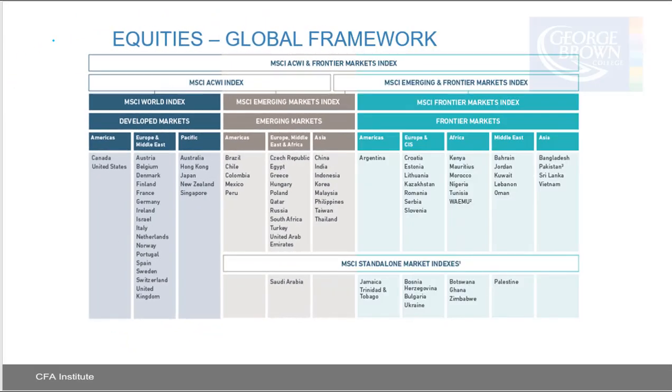So finally, down to the end of my mini lesson on equities before we jump into the requirements for the Foundations program, I just wanted to give some overview on the global framework of indexes. Okay, so MSCI provides indexes. And so we can see here, if we're starting at the top, there's the MSCI All Country World Index and Frontier Markets Index, and this is basically covering all the markets throughout the world.